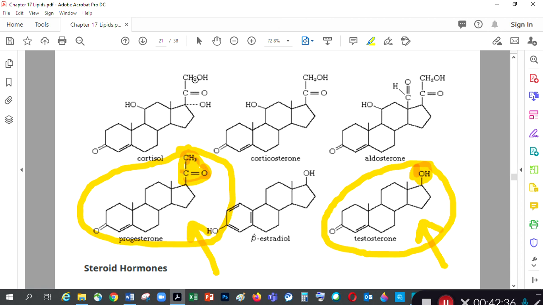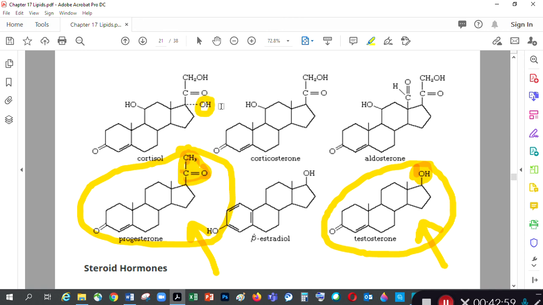And then you have another one. You have cortisol and corticosterone. You see they look very identical, correct? It's really nothing different, except the only difference is the OH here.